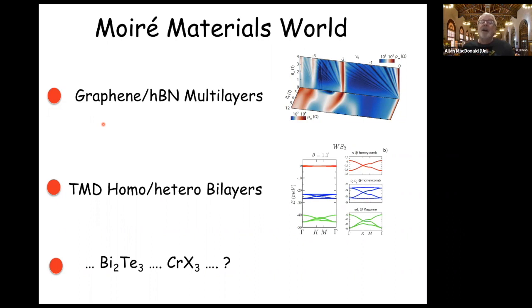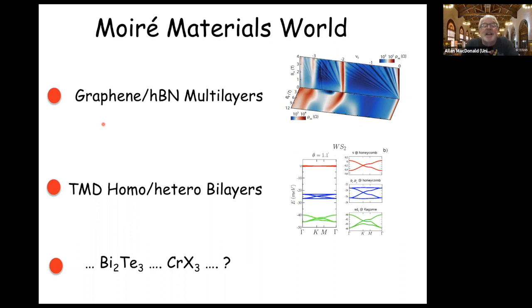And so when I talk about Moire materials, I will always have in mind two-dimensional crystals with the Moire pattern, as I described, but also that the host two-dimensional crystals are semiconductors or semi-metals. That is to say that the low energy states relevant for the properties that are of interest are all localized in a small region of momentum space.